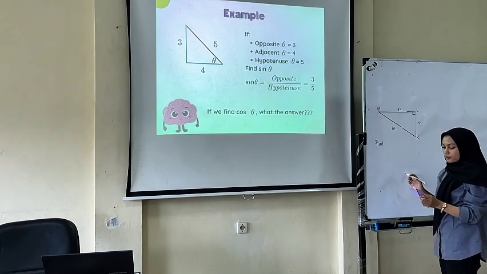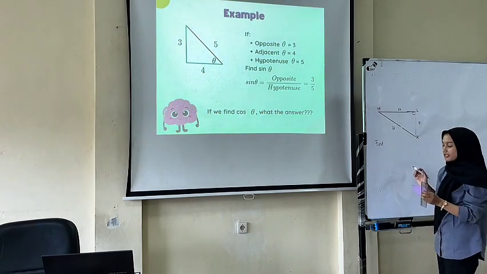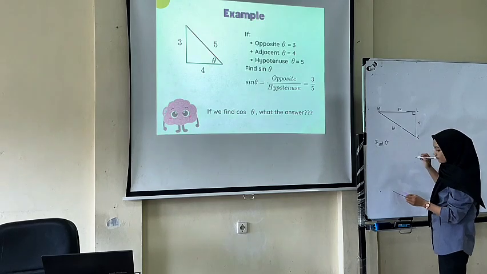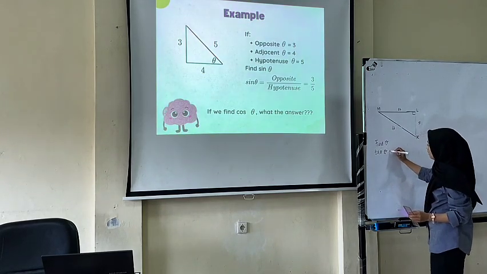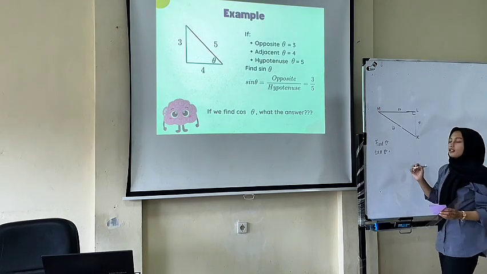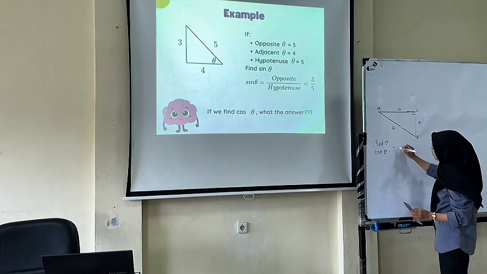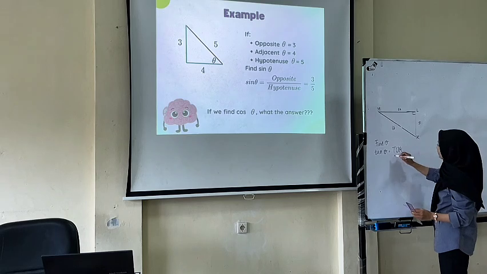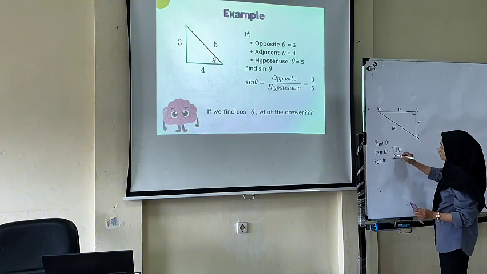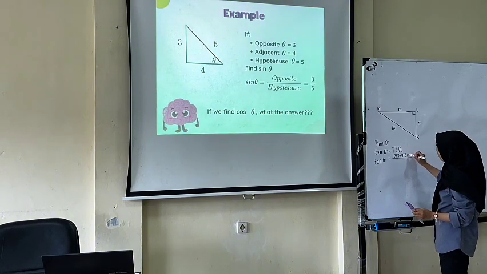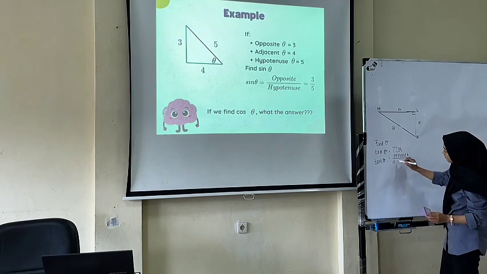In number 1, we will find tangent theta. So, tangent theta is TOA. Tangent theta is opposite over adjacent.